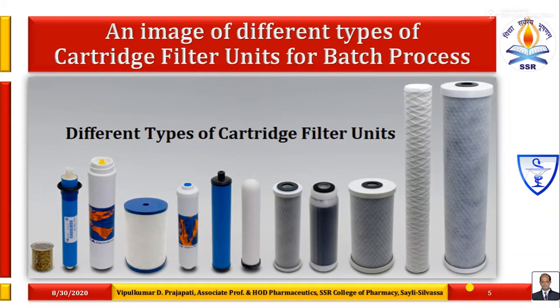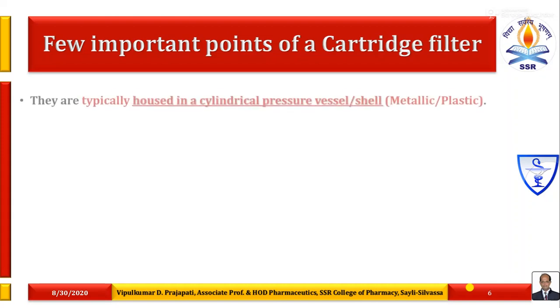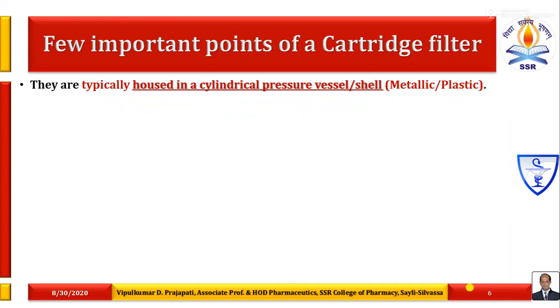An image of different types of cartridge filter units for batch process, solid fluid filtration and clarification purpose. These are the number of types of cartridge filter units. Before starting the principle, construction, working, it is required to understand a few points of a cartridge filter. They are typically housed in a cylindrical pressure vessel, commonly known as a cell, and it is either plastic or metallic.